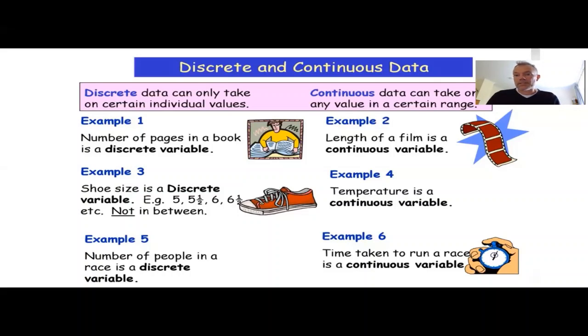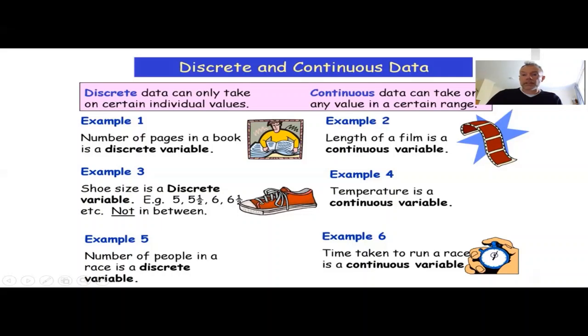A very slow person might take, I don't know, 20 seconds. So within that range it could be any time on someone's stopwatch, and that's continuous. So discrete can only be certain whole values, while continuous can be anything in between within a range.